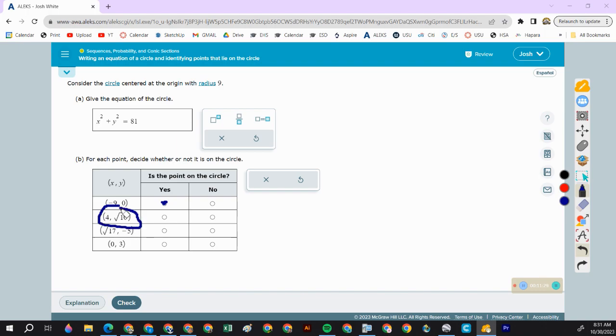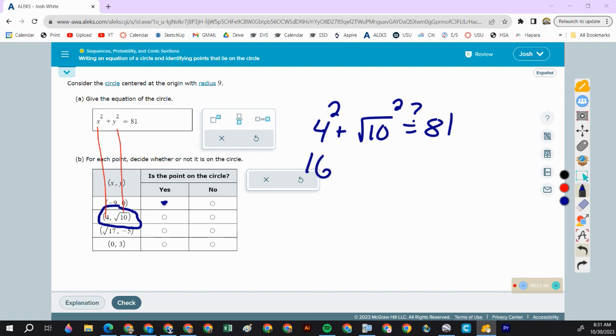What about that? Well, if we write it out, so I stick this in here, and I stick this in here. 4 squared plus the square root of 10 squared, is that equal to 81? Well, 4 squared is 16. Okay.